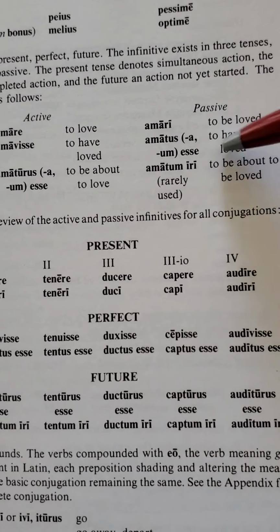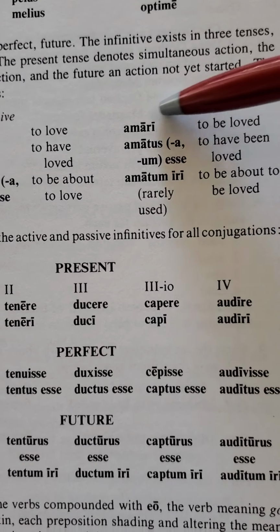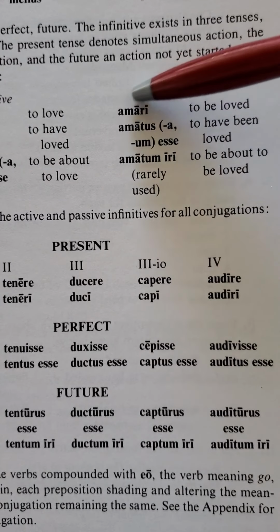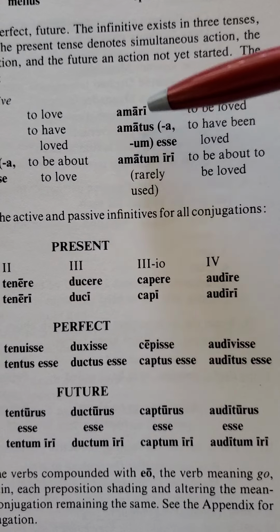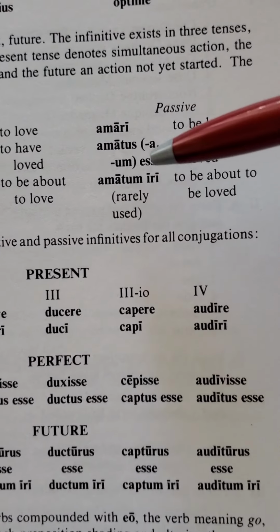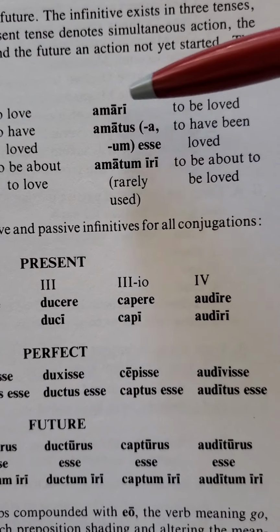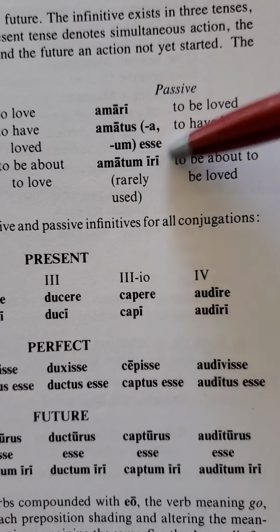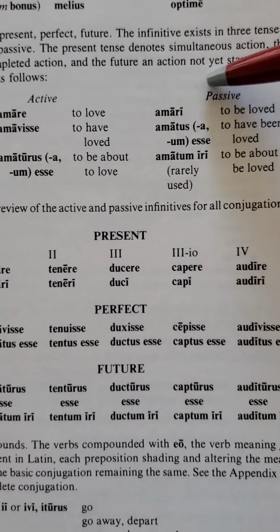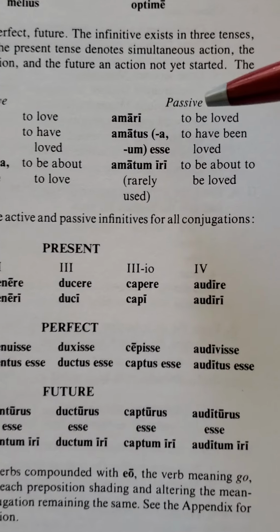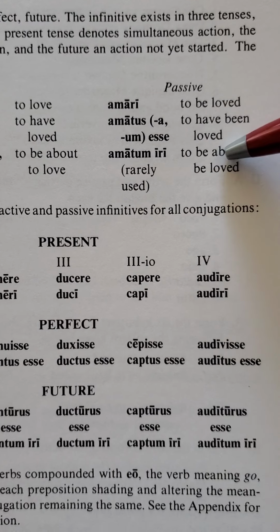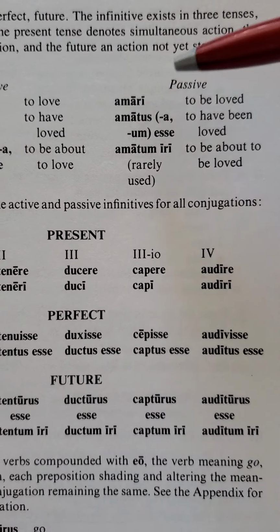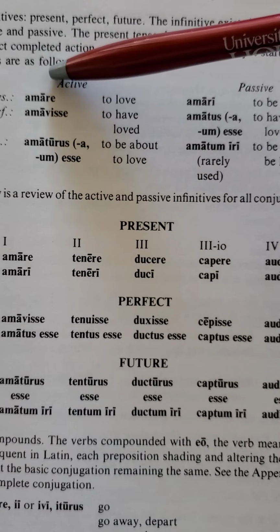And then the perfect passive infinitive makes sense. It's the PPP, amatus, amata, amatum, and then the infinitive to be, amatus esse. So these are all infinitives, all right? And that means to have been loved. So don't worry about this making sense. Right now we're just looking at the forms.